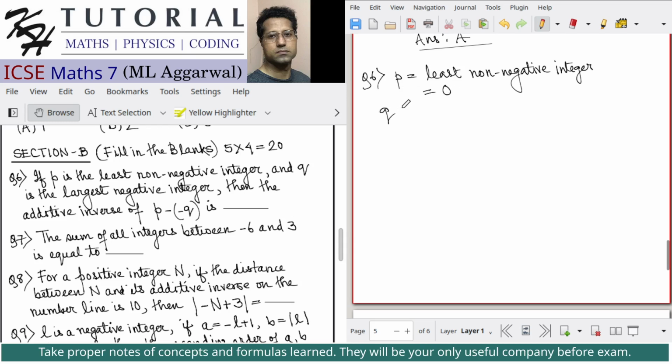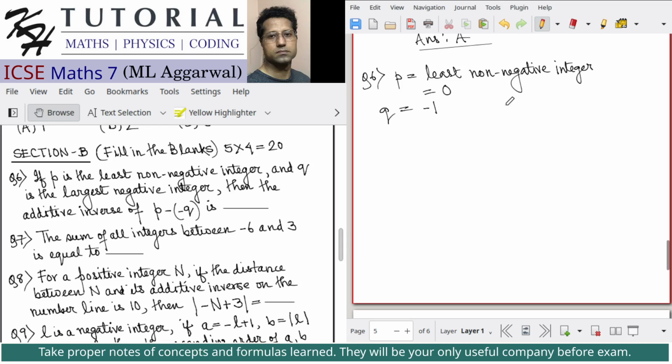Okay. What is Q? Q is the largest negative integer. We know that the largest negative integer is -1, because to the left hand side of the origin we have all the negative integers, and as we progress towards the left, we visit smaller integers, smaller negative values.